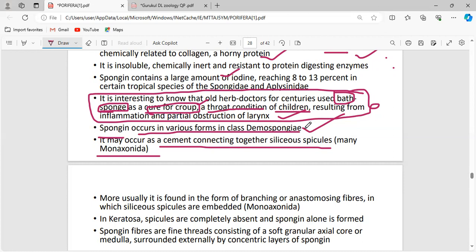In that skeletal system, spongin is the proteinaceous compound which acts like a cement, connecting together the siliceous spicules. In human beings, consider the ligaments and tendons, which connect bone to bone and bone to muscle. In the same way, spongin fibers connect one spicule to another spicule. They act like a cement which connects one spicule to another.